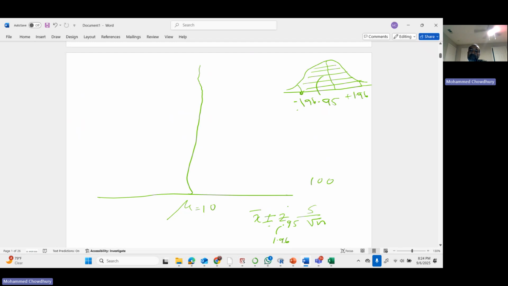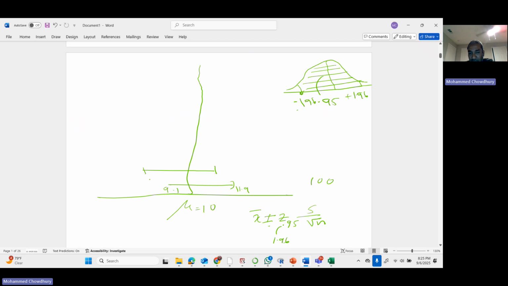So in this way, if I went to the first 100 students and computed their mean and standard deviation and plugged in these values, suppose I got the interval 9.1 to 11.9. Another time I went to another 100 or 80 students and constructed a confidence interval, and I got another interval like this.